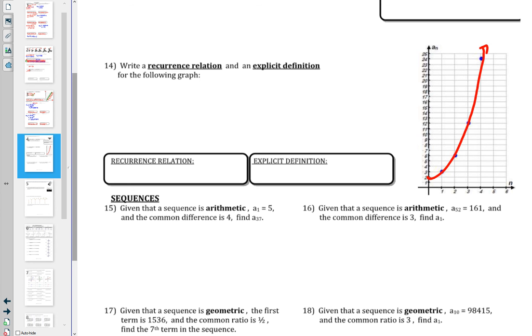Now, I don't know if I got the asymptote part right because I haven't written the function yet, but see how it looks exponential? Let's see what some of the points are. 1, 3, 2, 6, 3, 12, 4, 24.